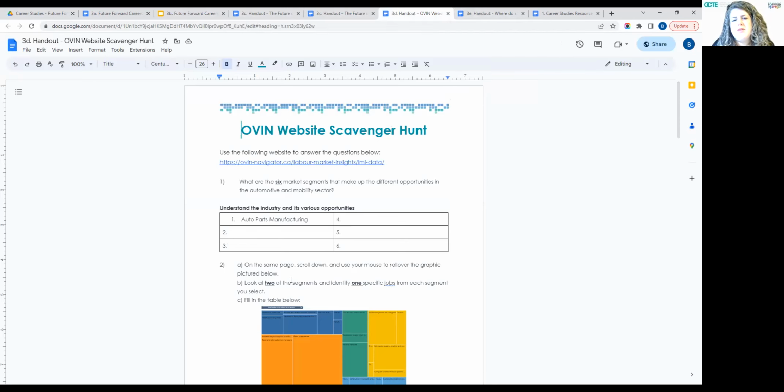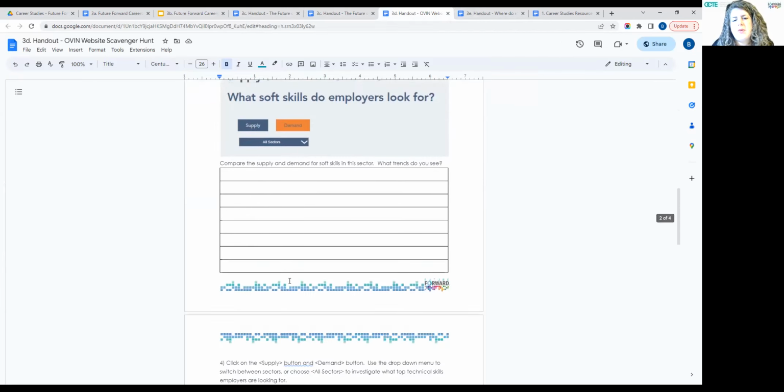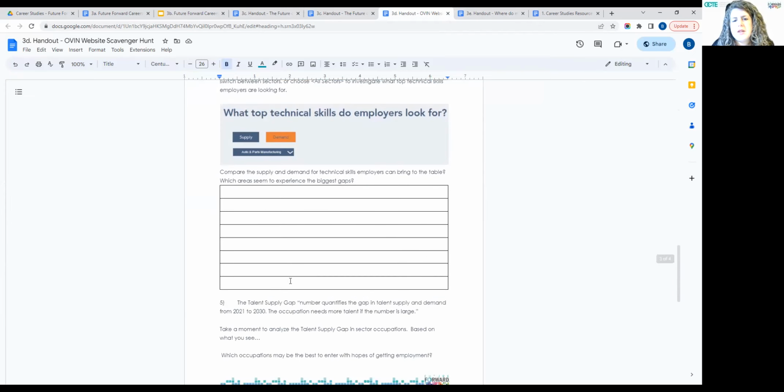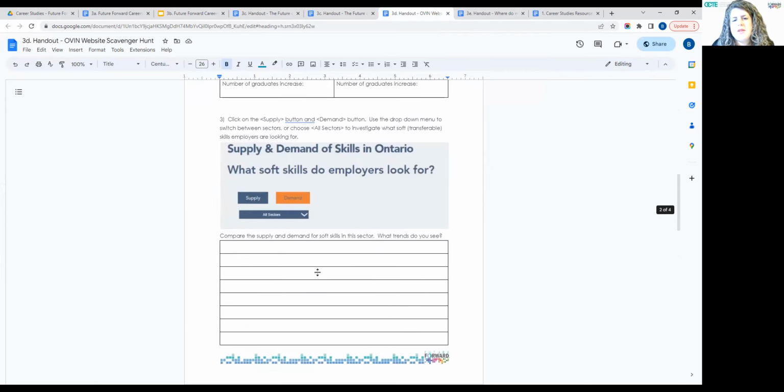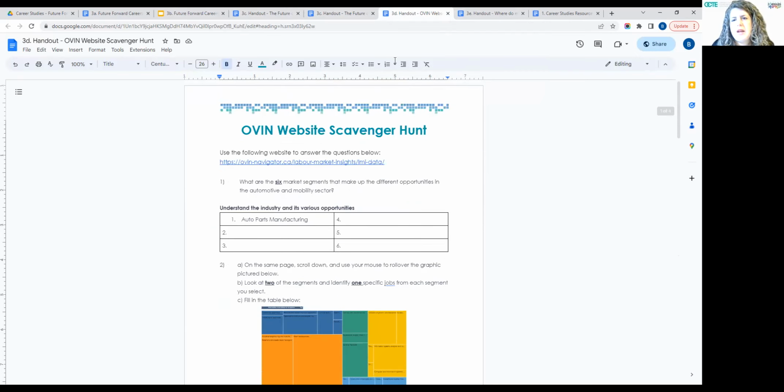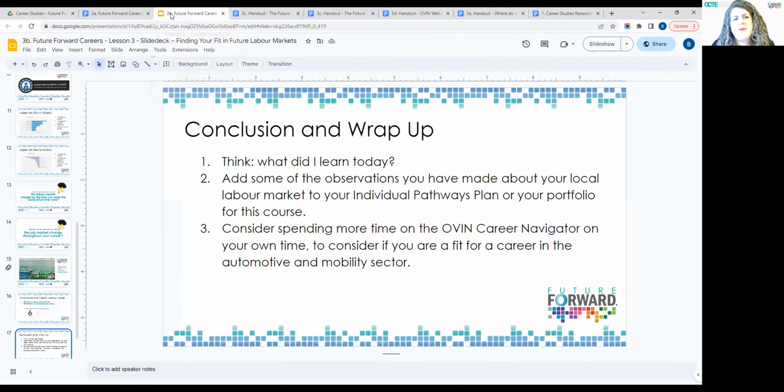A little bit of a scavenger hunt with lots of good visual directions here where we've copied images from the OVIN site so students can find their way around the site relatively easily. And there's a few more handouts in this resource available.